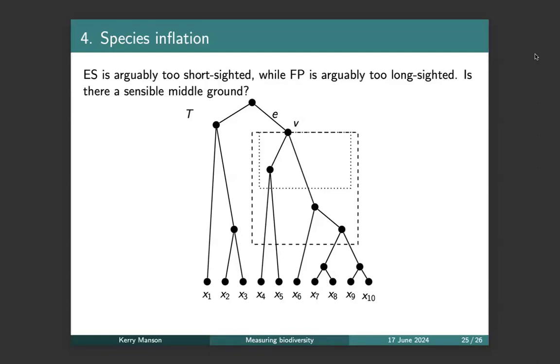The other approach that I've considered, especially when it comes to the species inflation idea, is that when new species are added, they often have very close living relatives. And so the additional edge will be a very short one like this, or even shorter perhaps. And so there's a sense in which we could chop the tree and calculate the fair proportion values for everything above that chop. And every species that's connected below where you chopped would just get the same value.